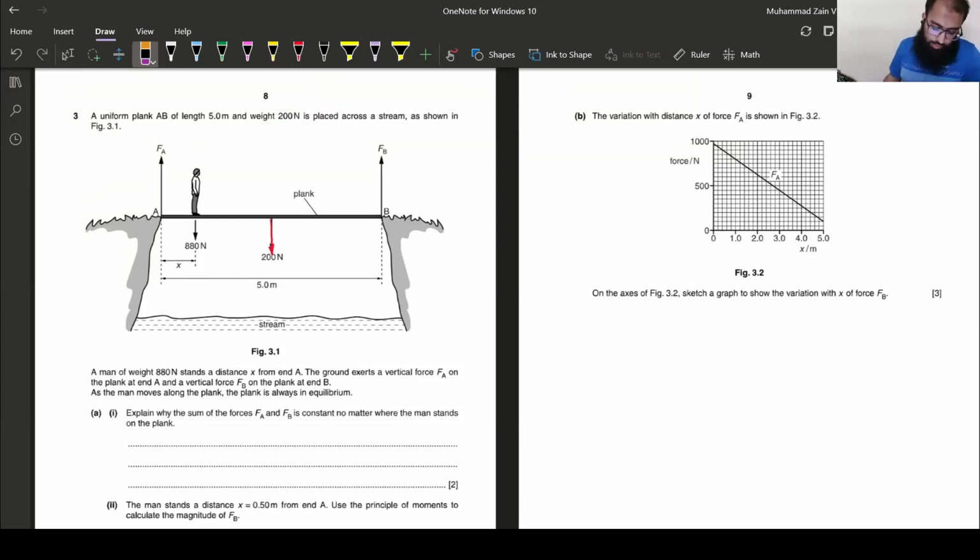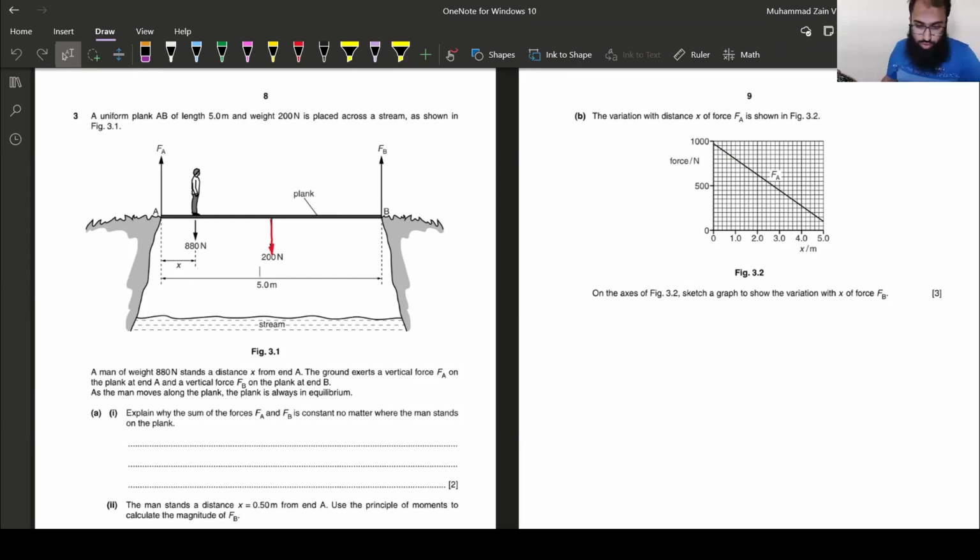A man of weight 880 Newtons stands a distance x from end A. The ground exerts a vertical force Fa on the plank at end A and a vertical force Fb on the plank at end B. As the man moves along, the plank is always in equilibrium.